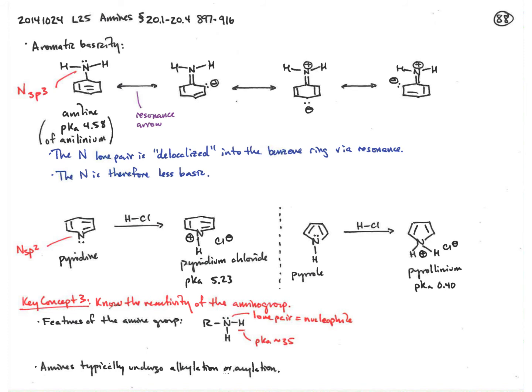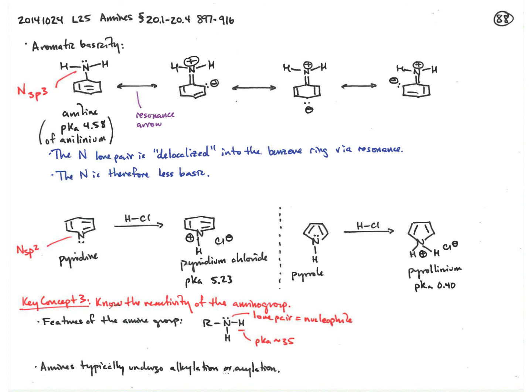Actually, we should have a plus charge there. So now we have plus, minus, neutral. We started neutral, we're neutralizing the charge here. We can then move this charge around to this position. You see it here. And then we can move it back here. So the nitrogen lone pair is delocalized into the benzene ring via resonance. The nitrogen is therefore less basic.